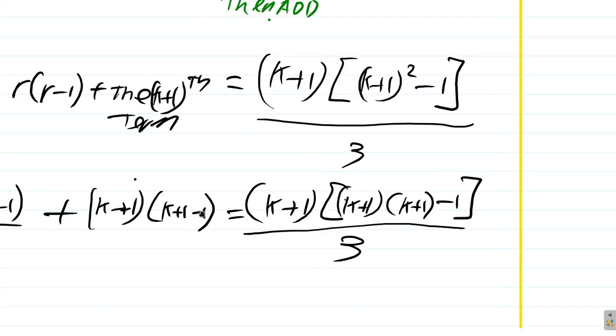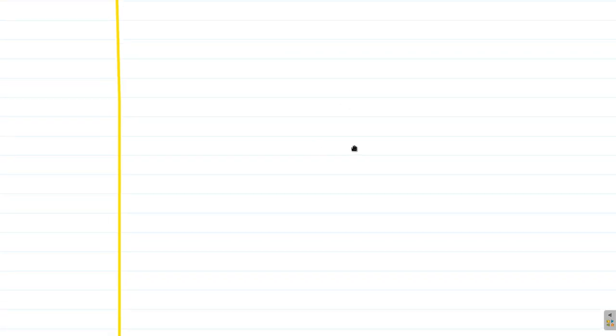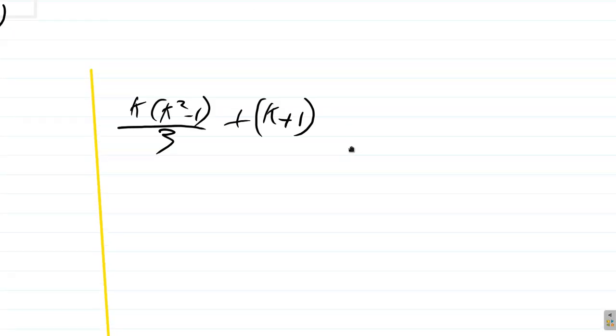The other bracket is k plus 1 minus 1. But that will amount to just k. So it's multiplied by k. Alright?